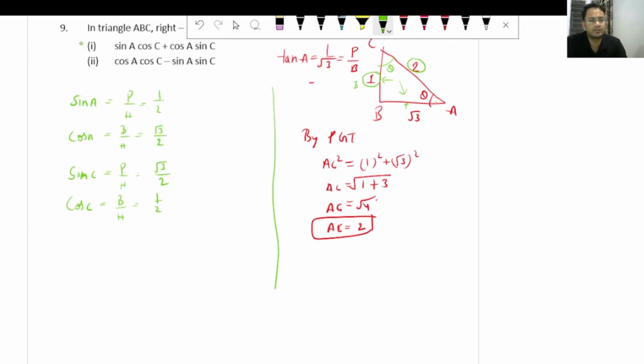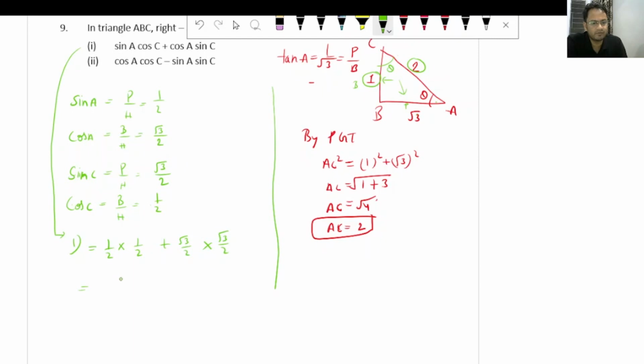Now we need to solve this one. First I am solving the first part. That is sin A into cos C plus cos A into sin C. You know that sin A is 1 by 2, and cos C is 1 by 2, so 1 by 2 times 1 by 2, then plus cos A, which is root 3 by 2, and sin C is again root 3 by 2.